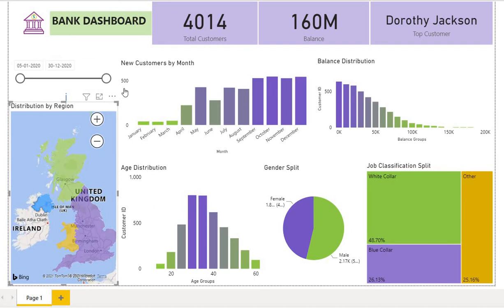Also, I have listed down a slicer by the date filters. So for instance, if I want to know the information of the customers from, let's say, 4th March 2020 till 21st October 2020, let's wait for the dashboard to load.